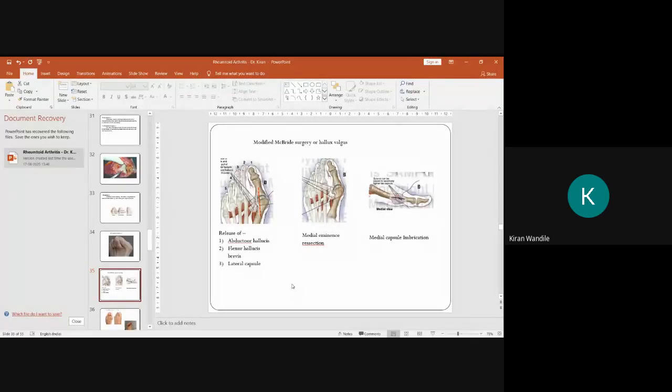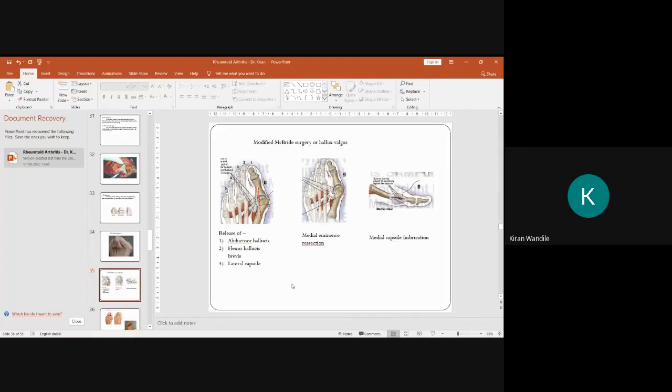The metatarsophalangeal joint is deviated towards the other toes, and that's why we need to release the deforming forces like abductor hallucis, flexor hallucis brevis, and lateral capsule. All these are released, and then the medial eminence is resected.